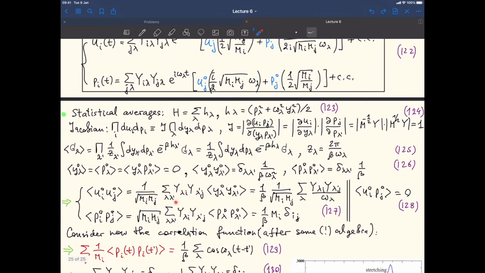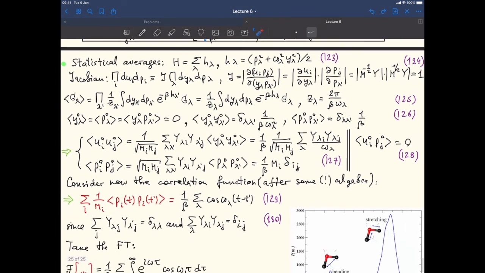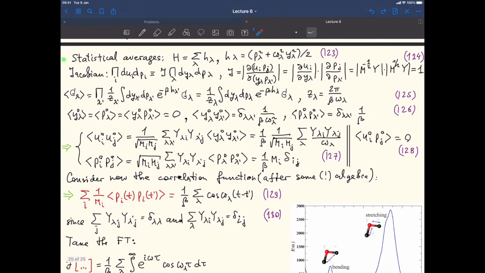And this way we arrive here. Now, taking this average from here, we would be able to finally write our correlation in this very neat form. We can easily find that this correlation is equal to 0, and the correlation of the momenta is equal to that. So now we know the correlations at initial time. We have just calculated them.